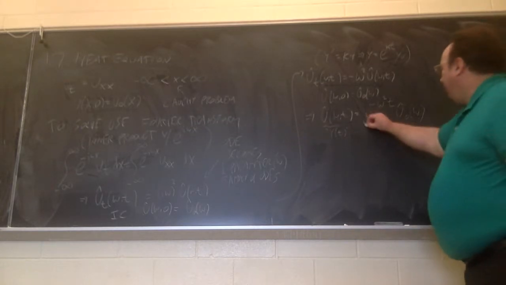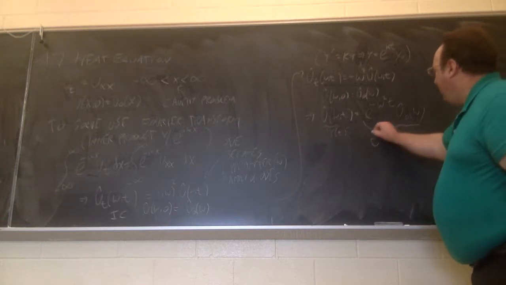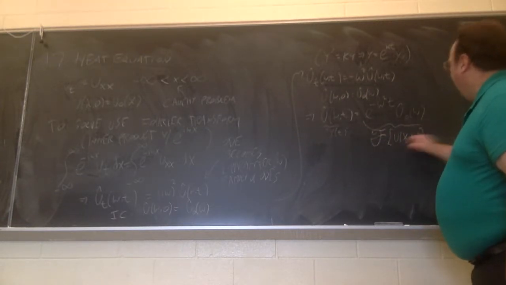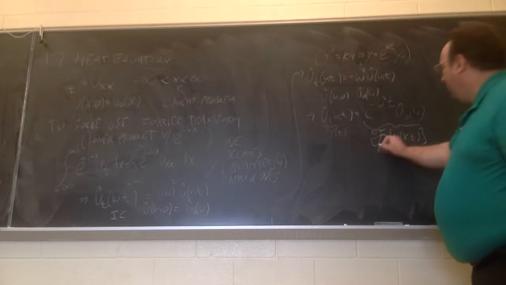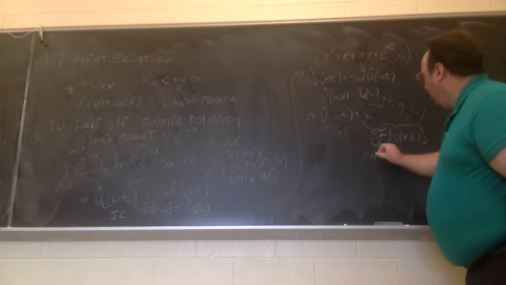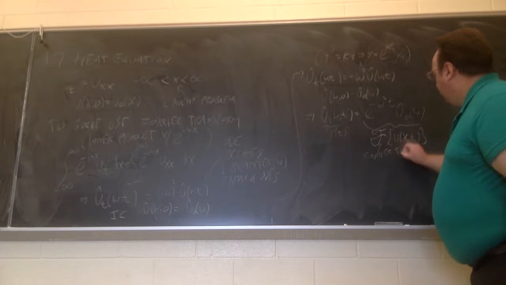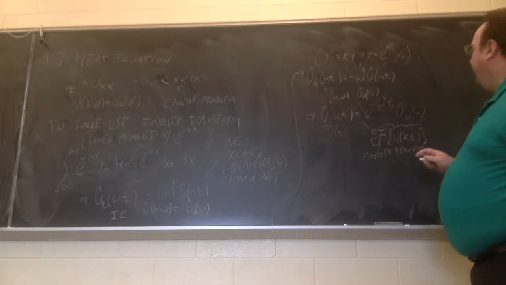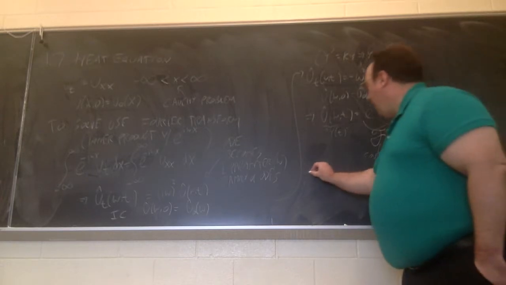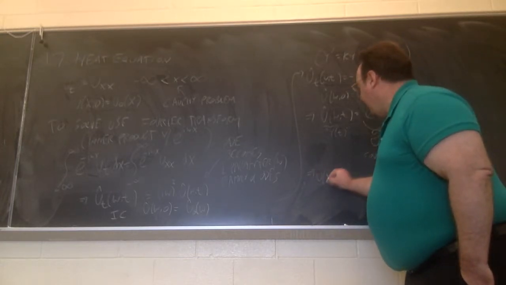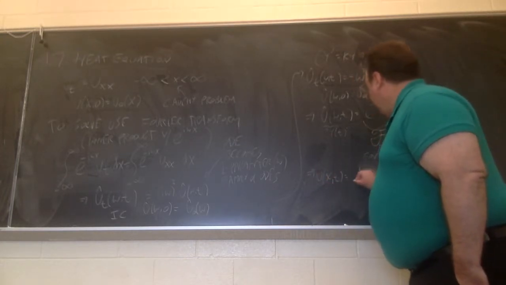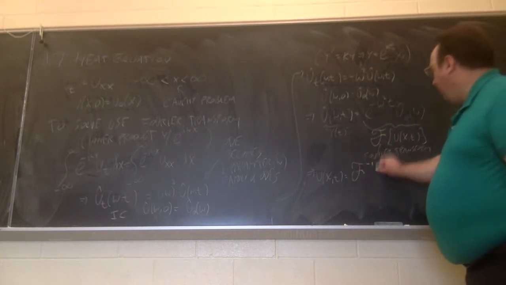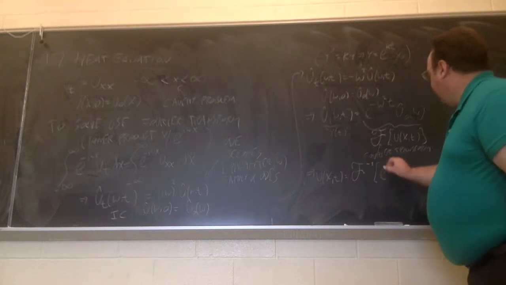In other words, the way I could write it is fancy F of u of x, t, where this refers to Fourier transform. So I could then say that u of x, t, which is what I'm really after, is the inverse Fourier transform of this.